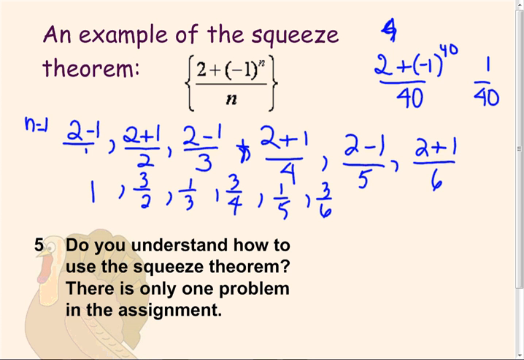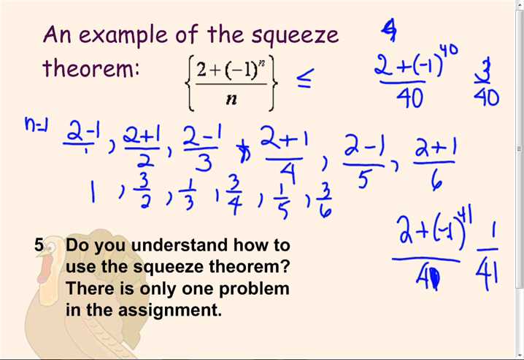And then what if I do the 41st? It's 2 plus negative 1 to the 41st power over 40. So it's what? No, this was supposed to be 3 over 40, right? This is negative. 2 minus 1 is 1 over 41. So it's trapped to 0. It looks like the maximum. It looks like it's less than or equal to 3 over n.